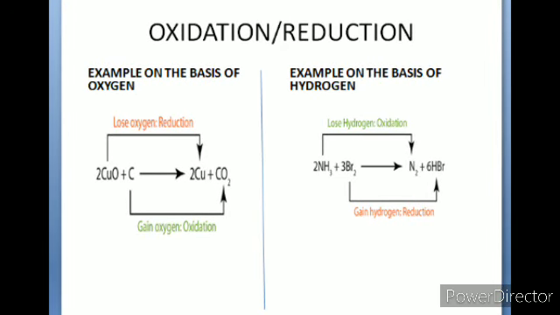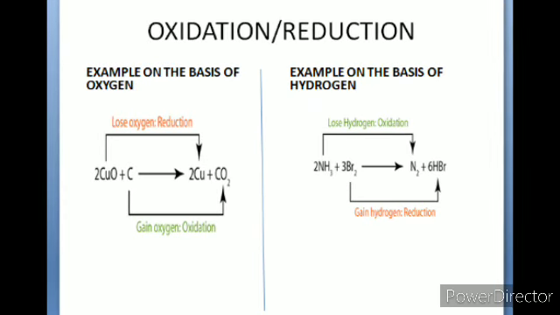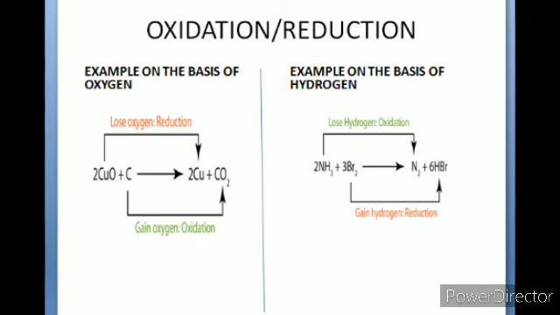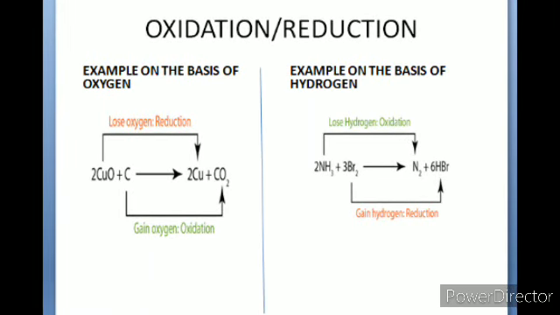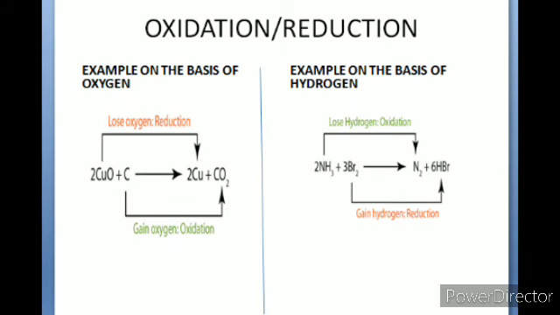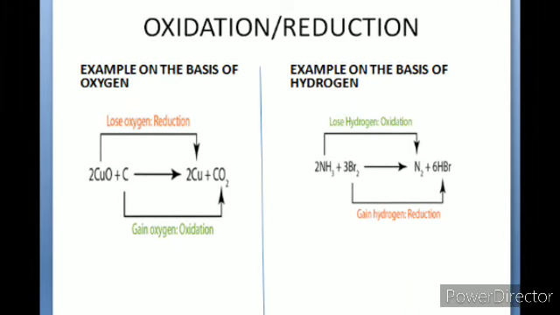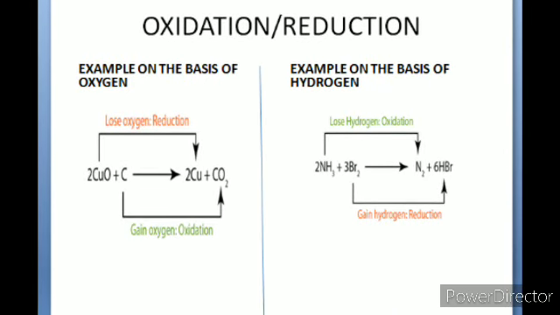Here you can see copper oxide is reduced into copper as it loses its oxygen, whereas carbon is getting oxidized. Why? Because carbon gains the oxygen. So this is oxidation and reduction on the basis of oxygen.